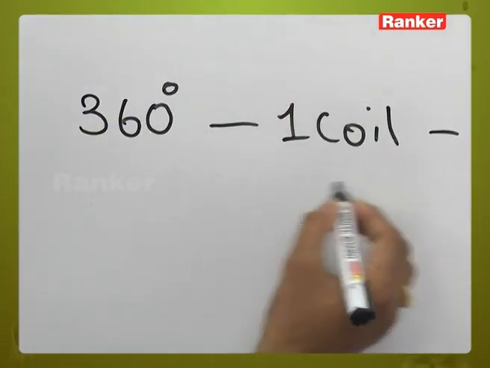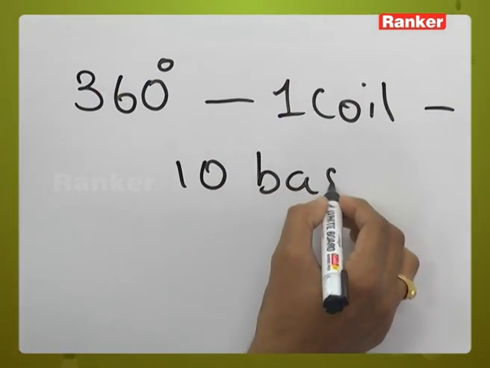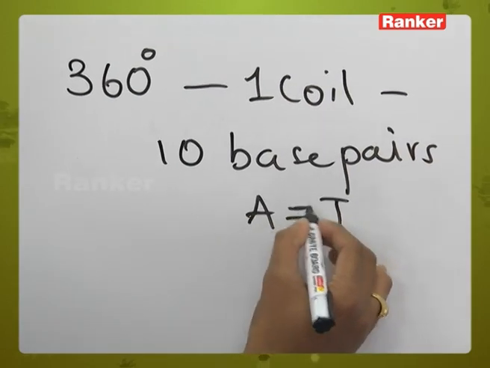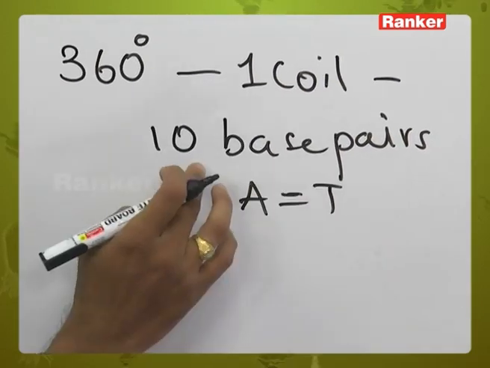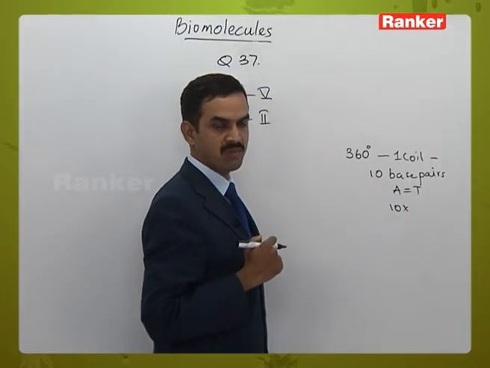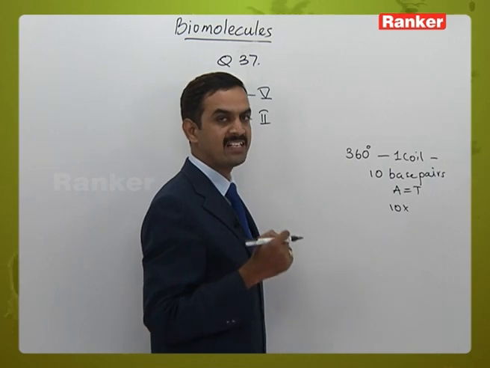For example, if all the 10 base pairs are only A and T, how many base pairs are we saying? 10. So 10 base pairs, each base pair containing 2 hydrogen bonds between them when they are only A and T pairs.